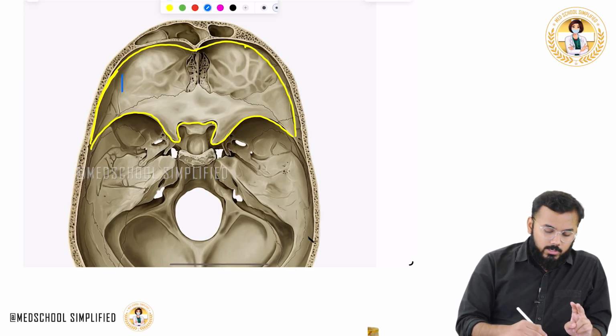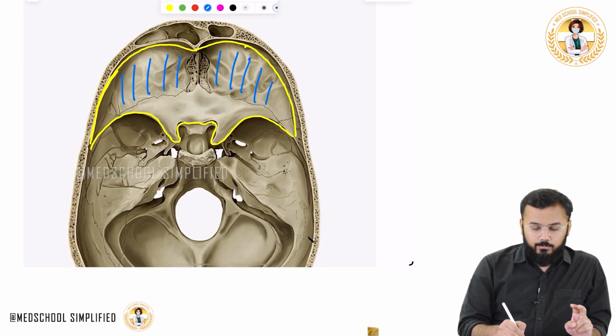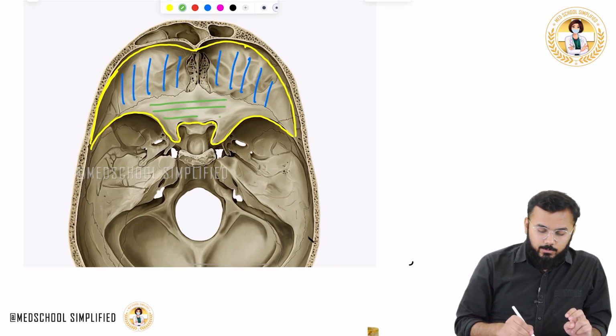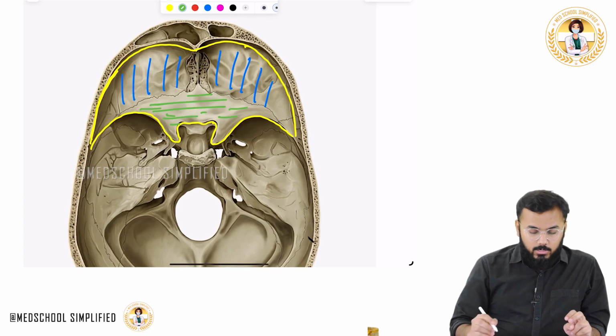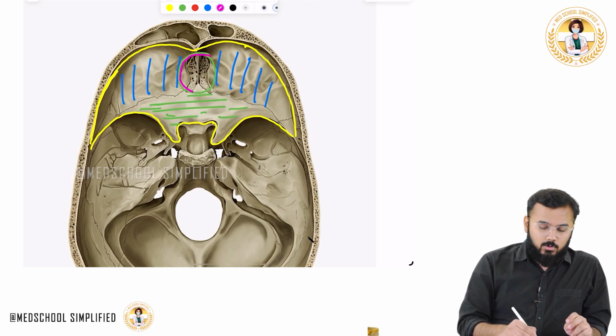So what is this bone here? This particular bone over here is called your frontal bone, right? And next, this particular bone which you can see over here is called your sphenoid bone, right? And this one over here is called your ethmoid bone.